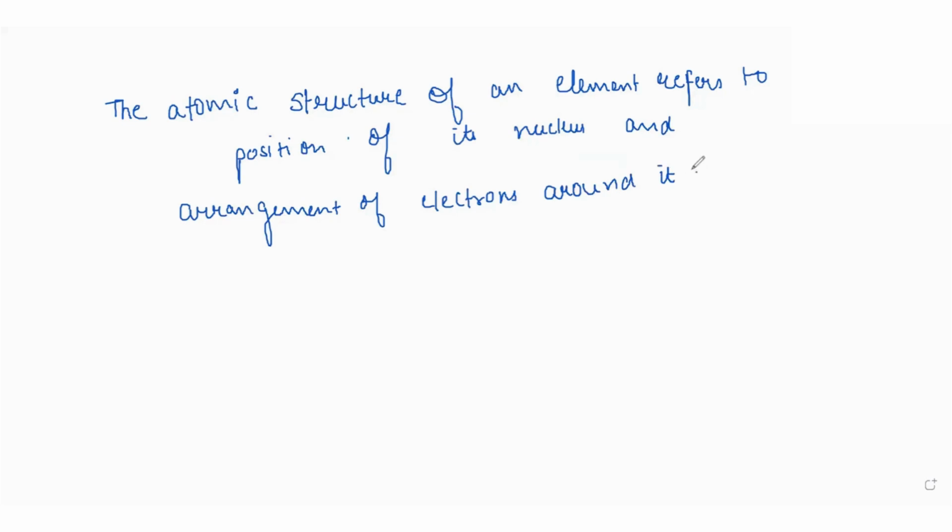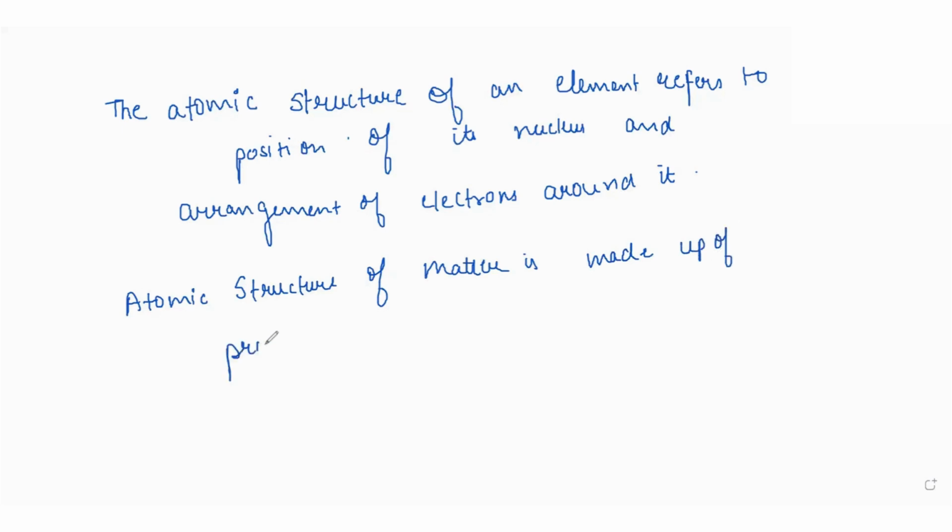So we can say that the atomic structure of matter is made up of protons, electrons and neutrons, right? Yes, ma'am, that's correct. And protons and neutrons collectively make up the nucleus of an atom.